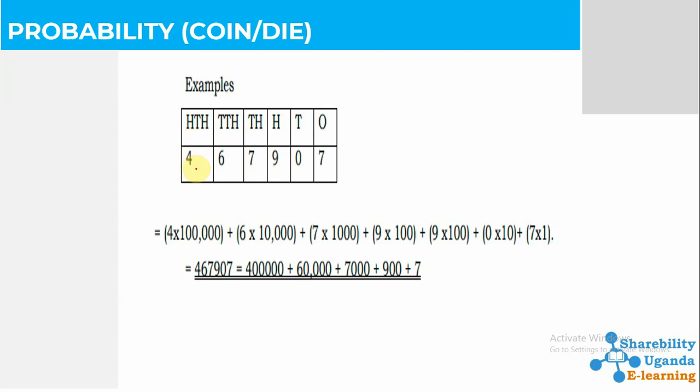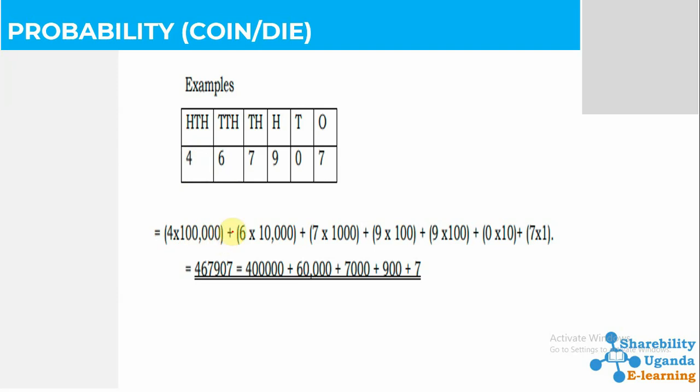We start with our biggest one, where we have 100,000. That means we get 4 times 100,000. This is demonstrated here. We get our 4, then times 100,000, and we open and close brackets.